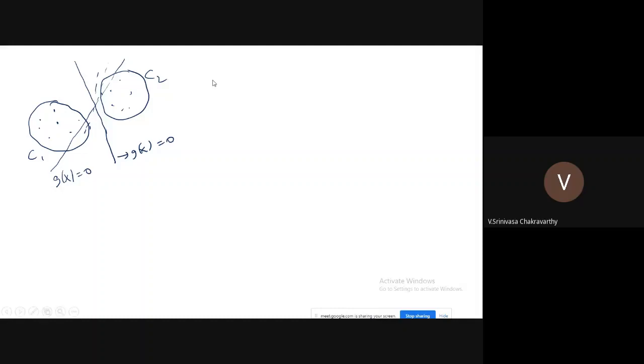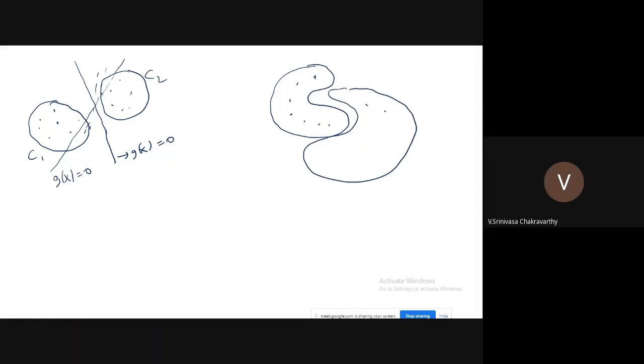So let us take the points C1 like this, and C2 data is, let's say, like this. Now I'm trying to separate this using a straight line. Obviously it's not possible. Whichever way you draw the line, you'll have points from both classes sitting on the same side of the line.